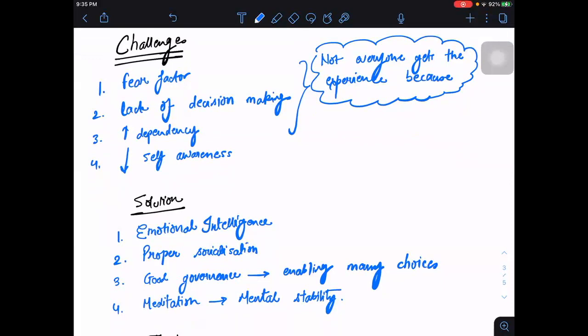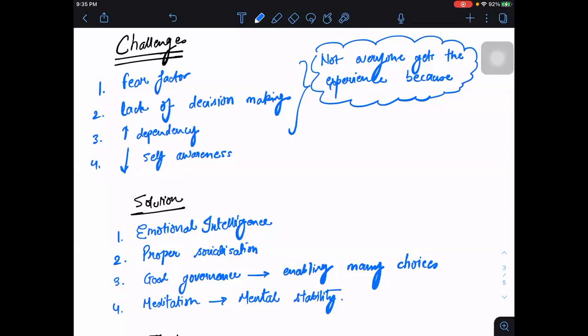Socialization by parents, socialization by friends or families, socialization by your teachers or the educational institution that you have joined, right? They must be providing you or filling you with multiple value system. So that value system will act as a fuel to remove the fear factor, to make you able to take good decisions in your life, right?